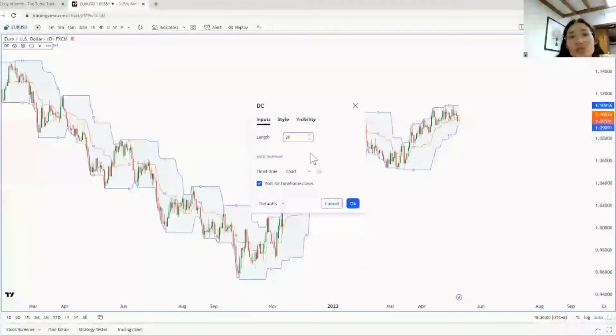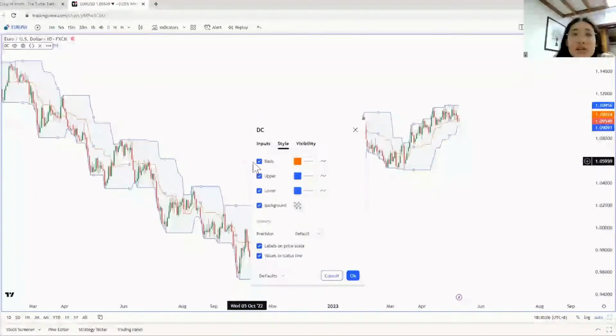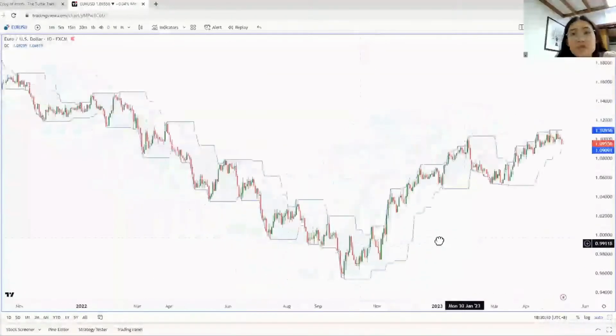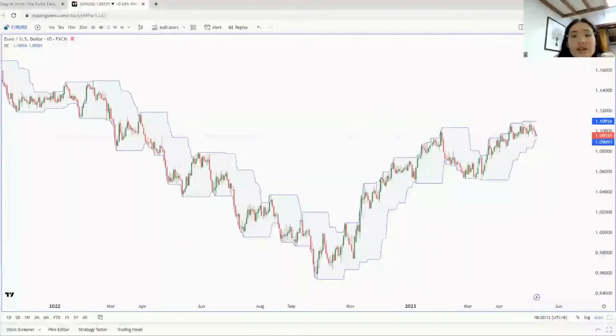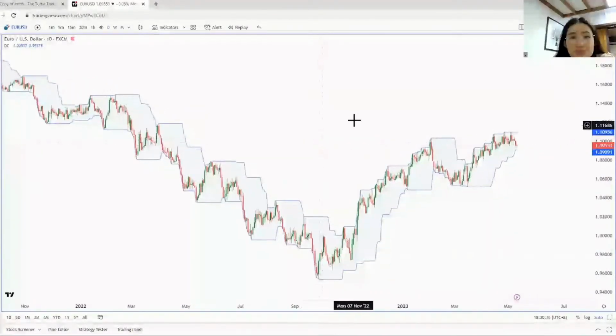So here we are using the 20 length time frame. I'm going to go ahead and remove our moving average first, so we're just solely looking at the channel for the time being.